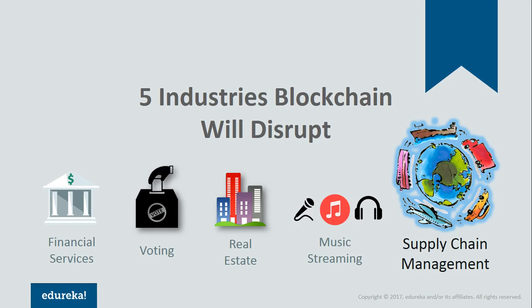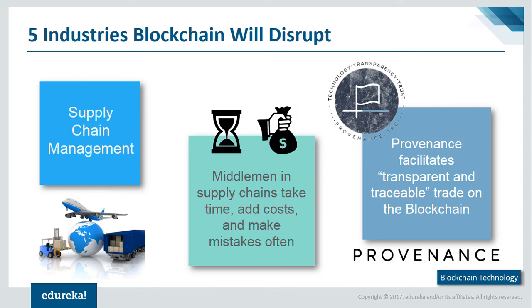Finally comes supply chain management. Now in the supply chain management domain, as we have talked, IBM and Maersk are some of the biggest players in this domain, and they've already implemented this and are going to build a global scale blockchain through which not just Maersk but any of the users can come in and improve their system as well. Provenance is actually one of the competitors for IBM in this domain itself, which provides transparent as well as traceable trade on the blockchain system.